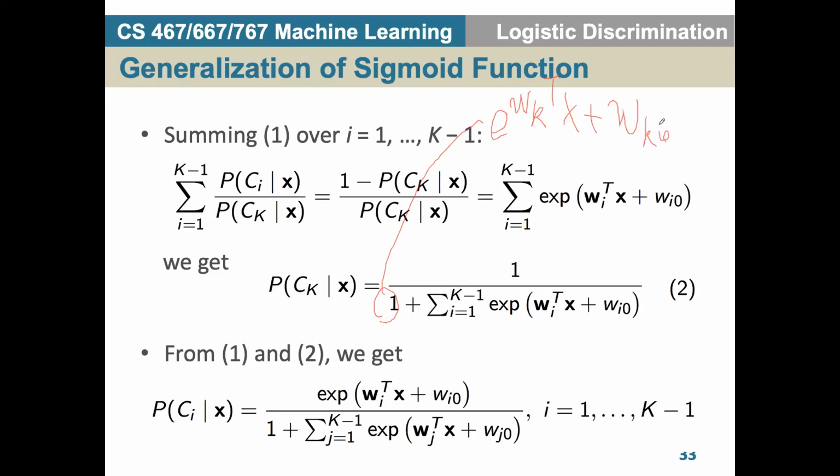And we generalize this, so then the bottom becomes a summation from i to k.